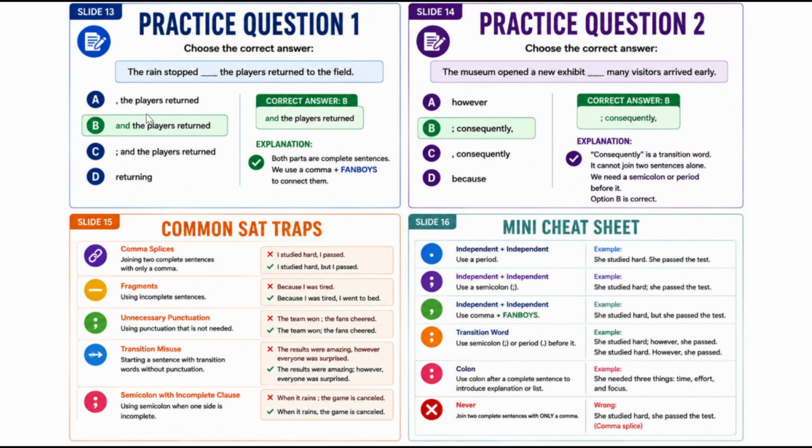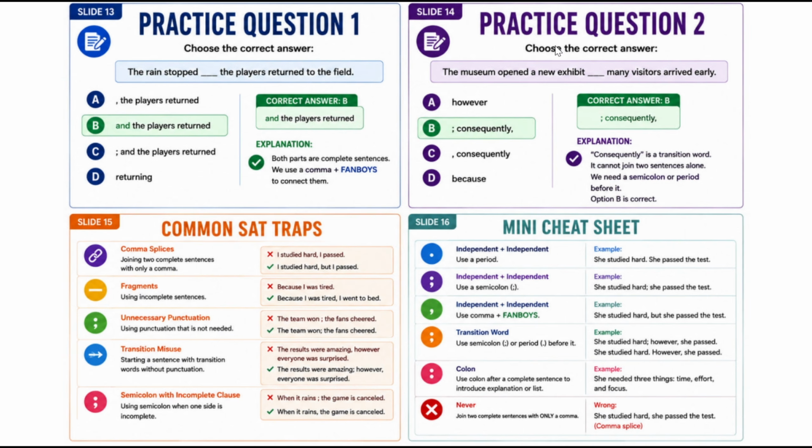Absolutely wrong. Choice B, and the players returned. Correct. Now we have a comma plus FANBOYS. Choice C, semicolon plus and, unnecessary. Choice D, returning. Incomplete structure. So the correct answer is B.